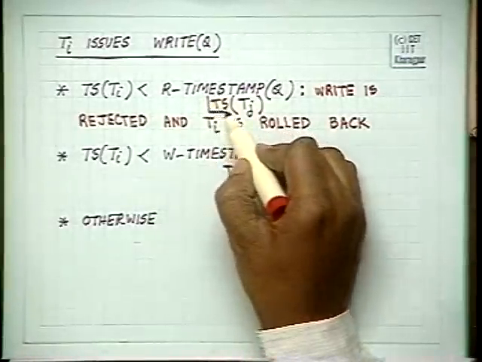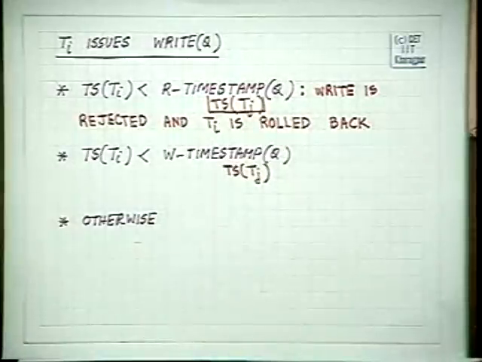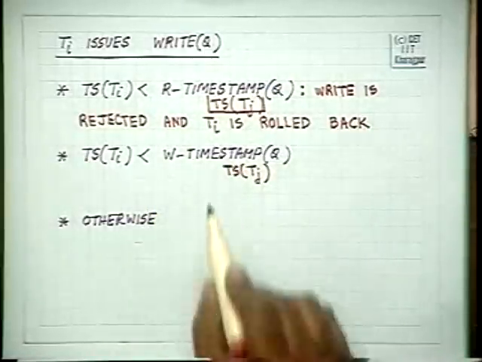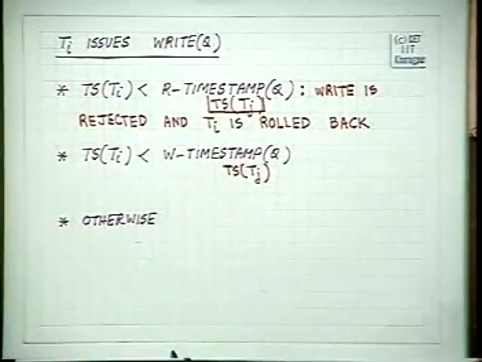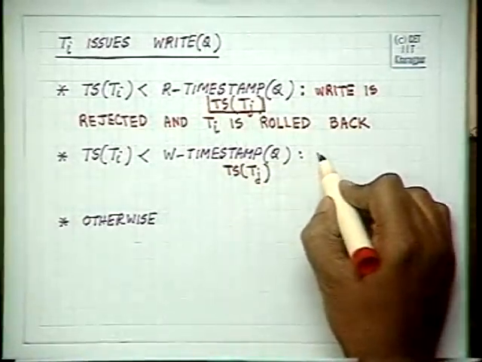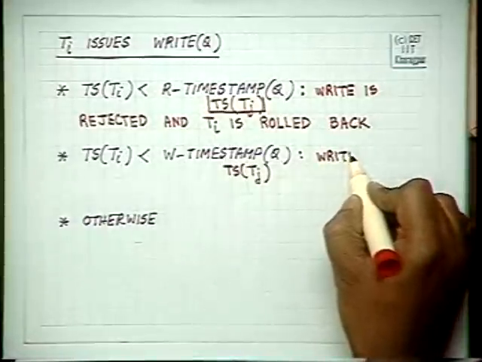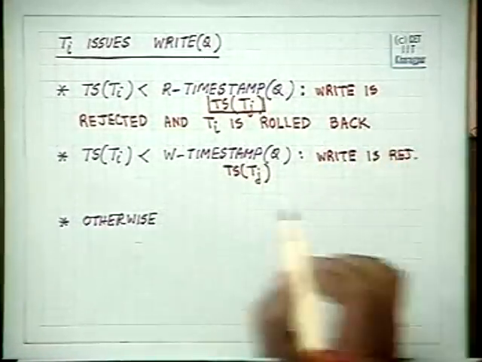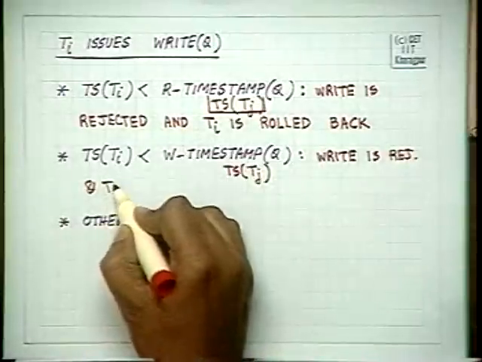If W-timestamp Q is equal to the start time of transaction TJ, then TJ has started after TI and TJ has written before TI will write. So, here again in terms of conflict serializability we will not allow this, and we will say the write is rejected and TI is rolled back.